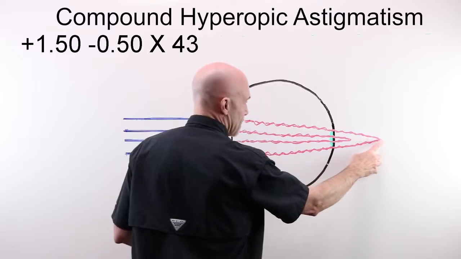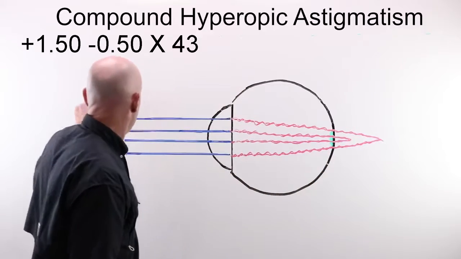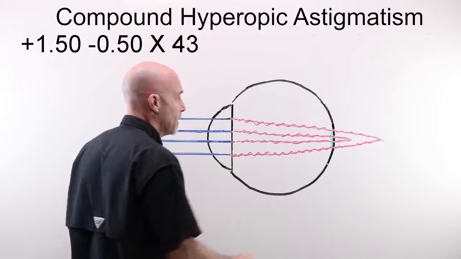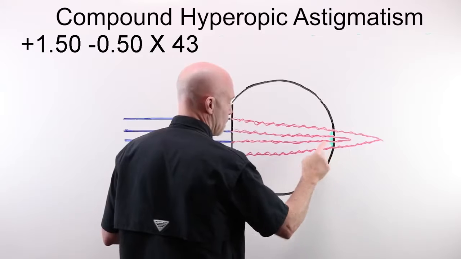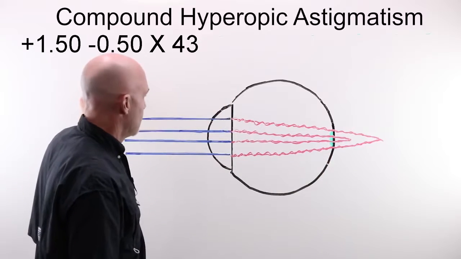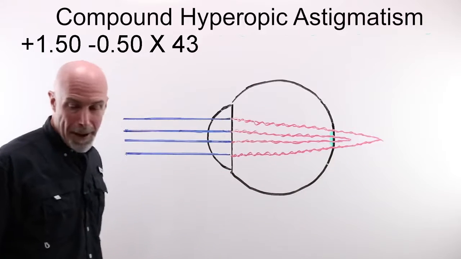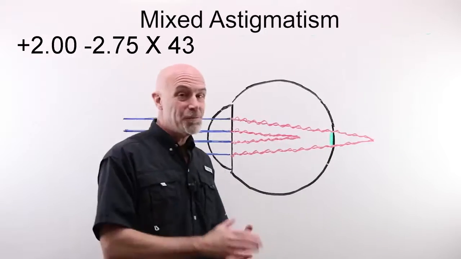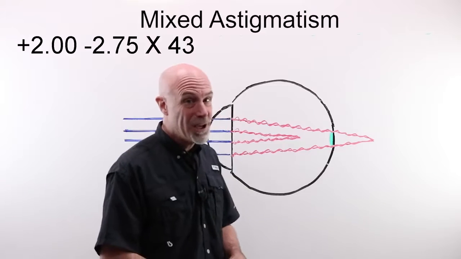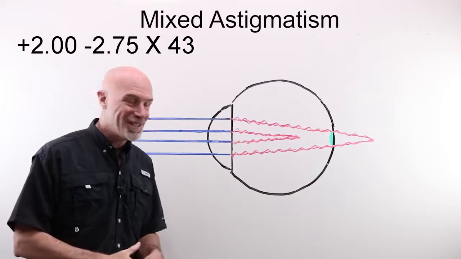We need to bring that set of rays from here to here, so we're going to use some power to do that. These rays need less power than these do in order to bring them to where we need them. Hence, the different power and the different values. That's compound hyperopic astigmatism.